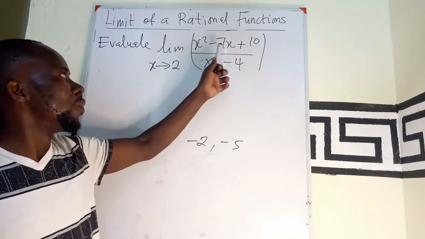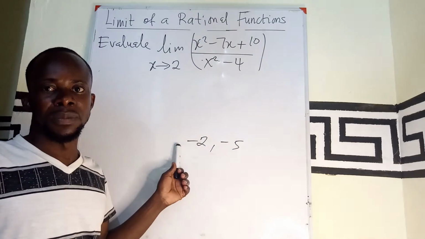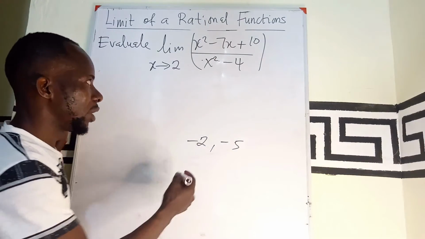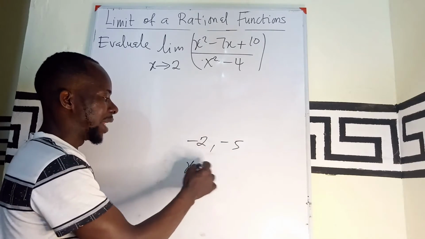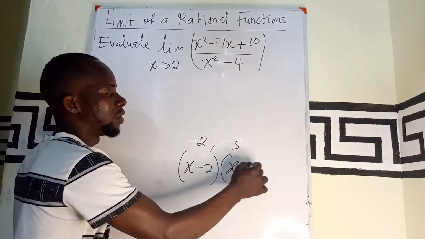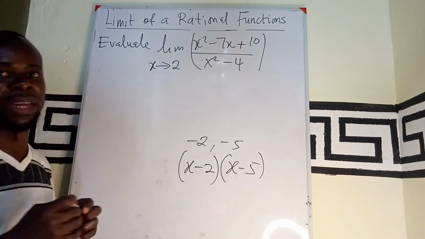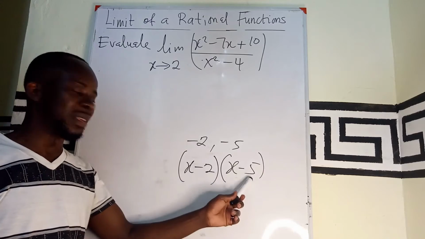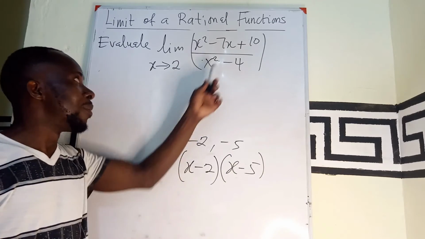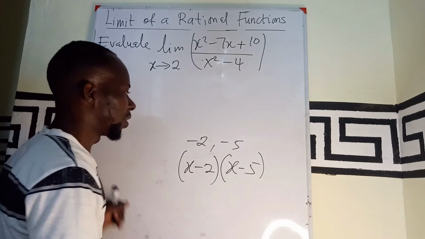So it means we are replacing the value of negative 7 with these values. So it's going to be x minus 2 in that one bracket, then x minus 5 in the next bracket. So if I multiply this by this, I'll be able to get my x squared minus 7x plus 10.